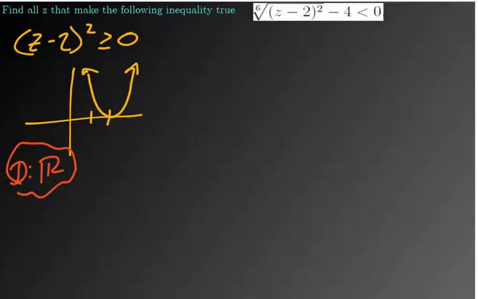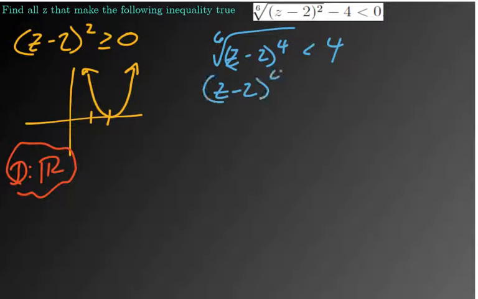So to solve this, I'm just going to move that 4 over, and then raise both sides to the power of 2.